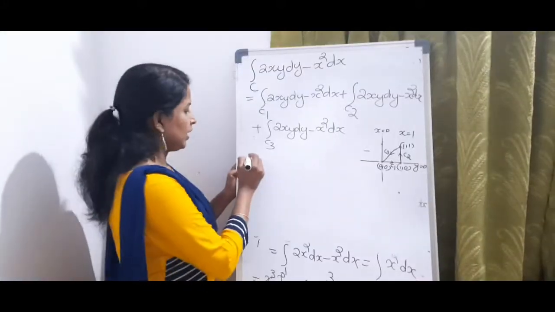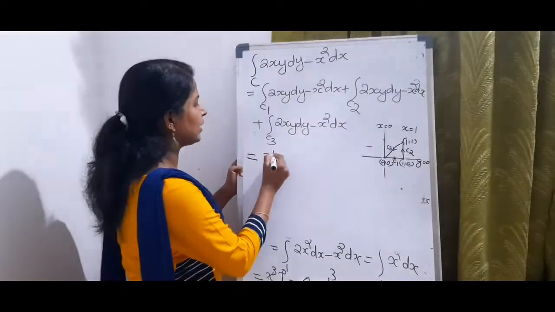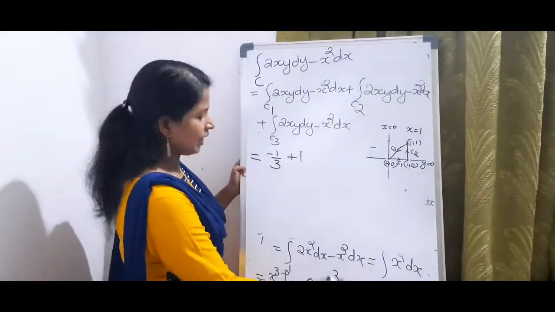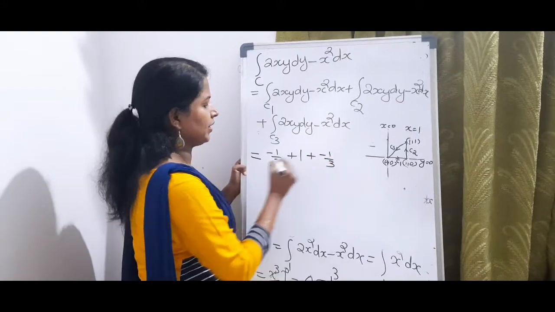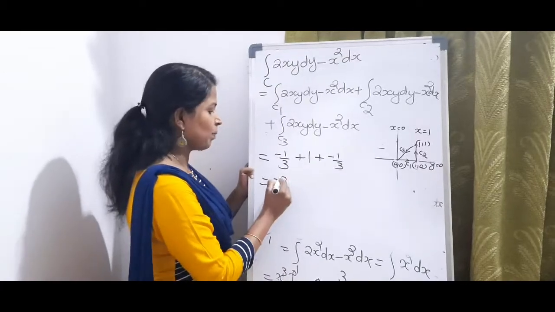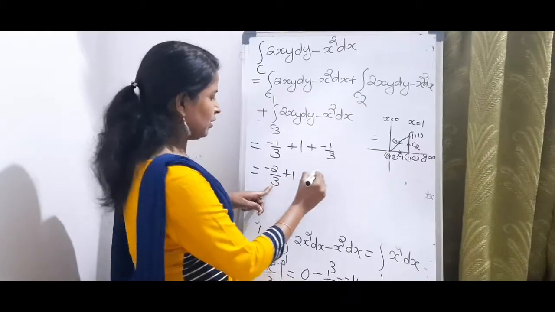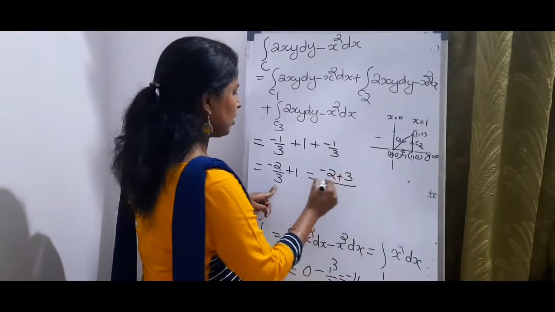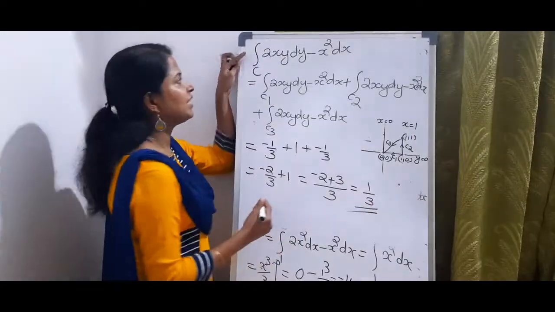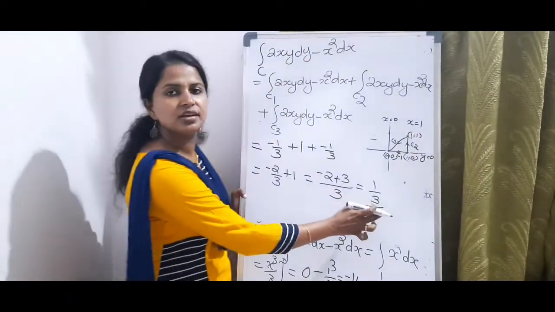That is equal to: first on C1 the value is minus 1 by 3, plus on C2 the value is 1, then the last value again minus 1 by 3. Here minus 1 by 3, minus 1 by 3 is minus 2 by 3, plus 1. Cross multiplying, minus 2 plus 3 whole divided by 3, which is 1 by 3. That is, the integral over C of 2xy dy minus x square dx is 1 by 3.